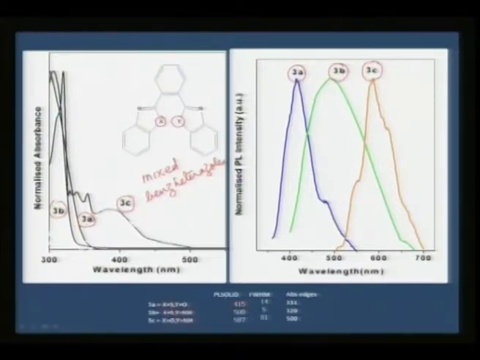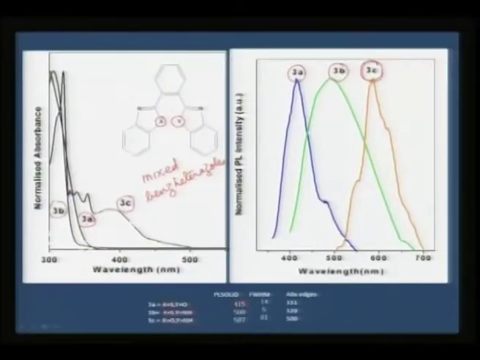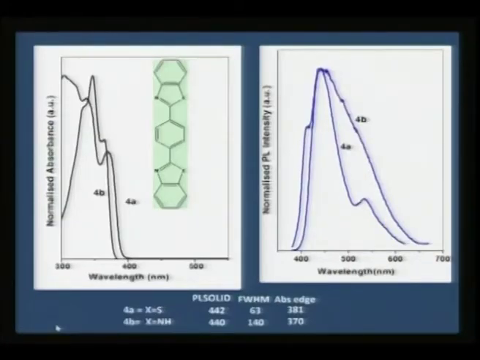So what is peculiar in this case is that when oxazole is present, oxazole predominantly contributes to red shifted emission, whereas sulfur shows more preference to blue, and imidazoles usually show preference to green color. And the same is true for the 4 series also.